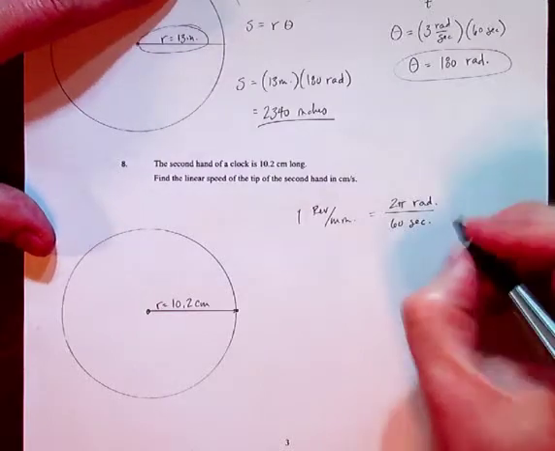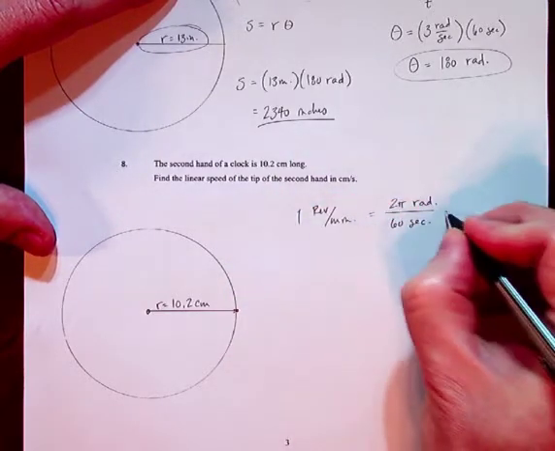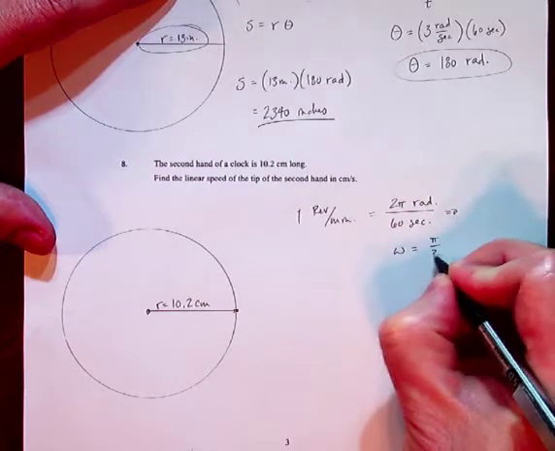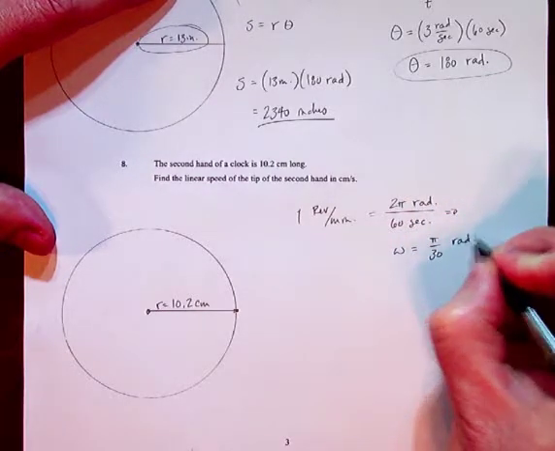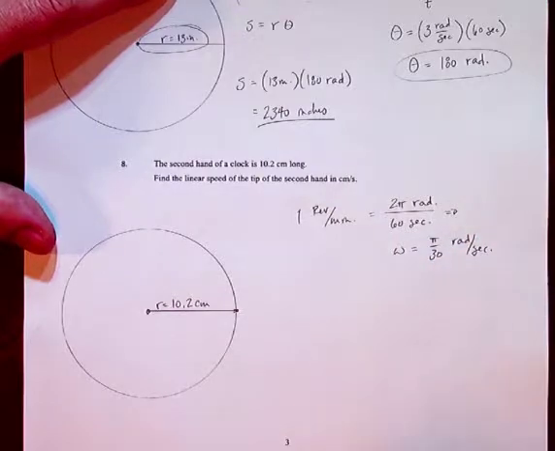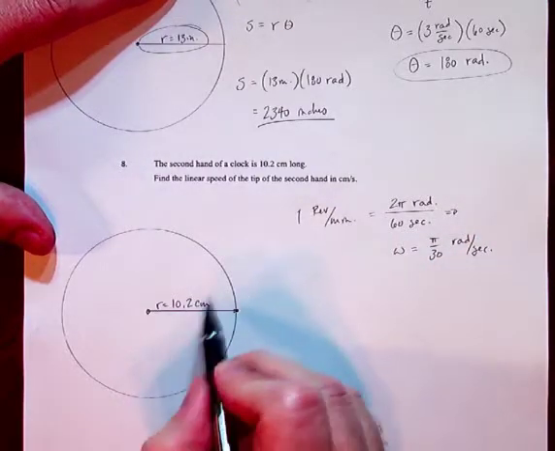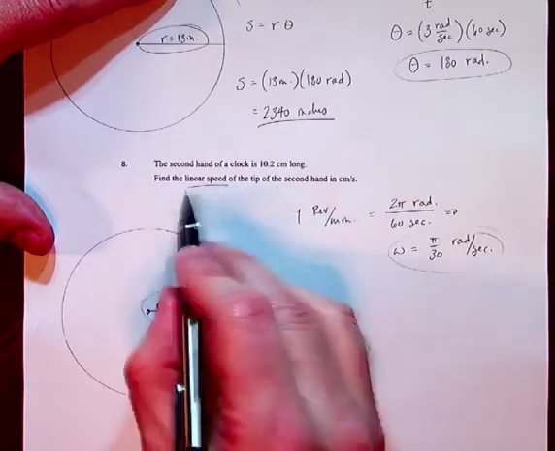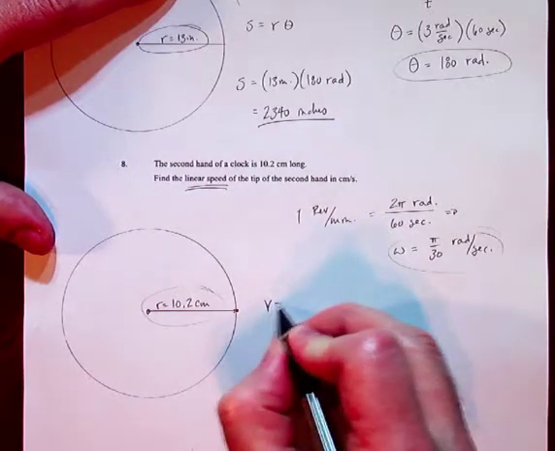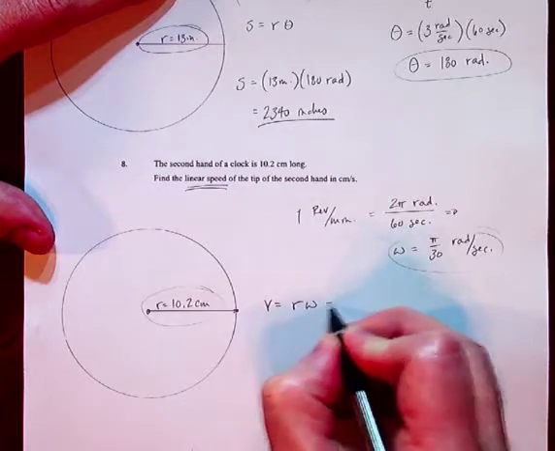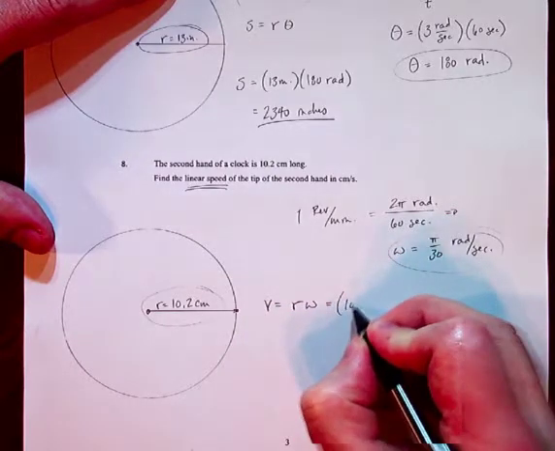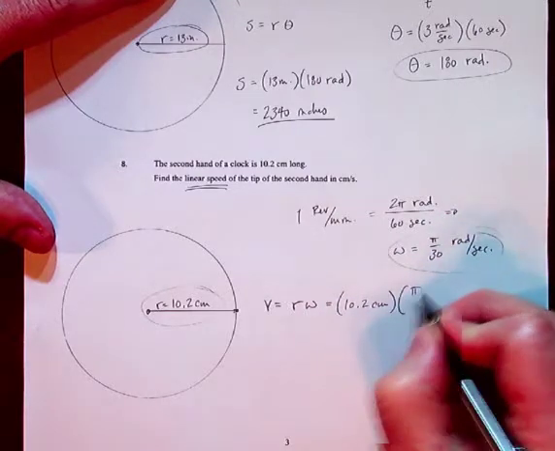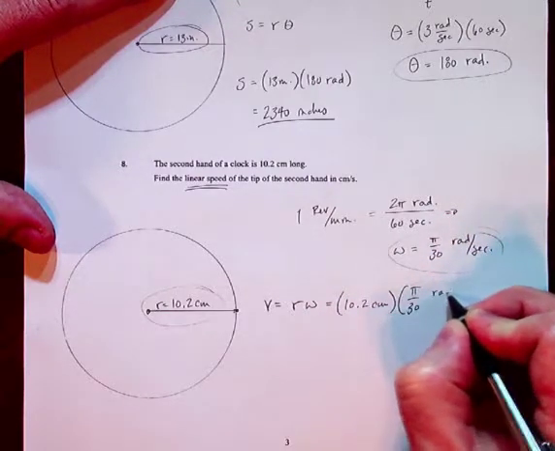And that means I get an omega of pi over 30 radians per second. Oh my gosh, look, I have R. I have omega. I'm being asked for V. V is just R times omega, and I get 10.2 centimeters times pi over 30 radians per second.